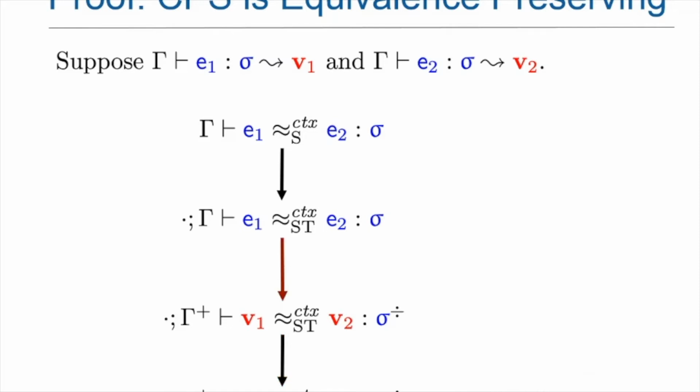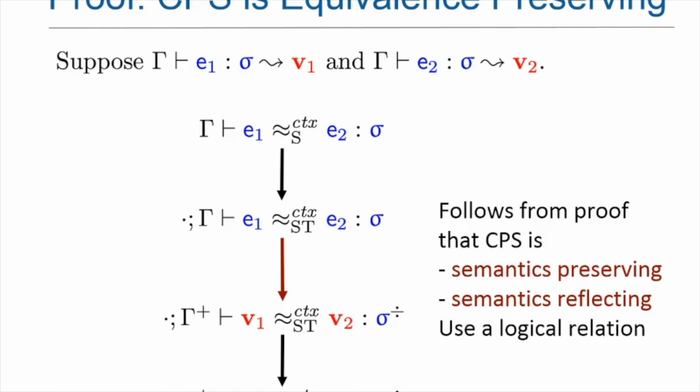If we want to take a context in the multi-language semantics that can include these computations and lift them up to the typed expressions only that is the domain of the source language, then we will have to rely on the fact that CPS is semantics preserving and semantics reflecting.